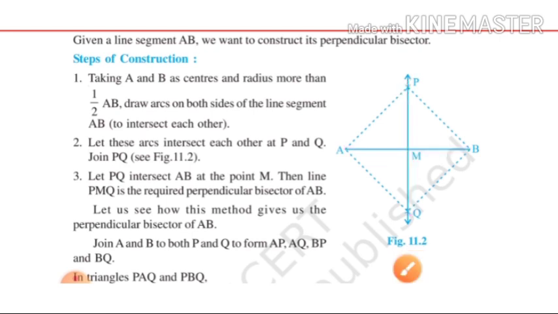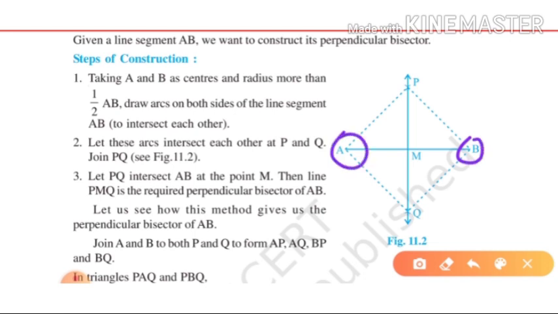For this, at first we take a compass, take the center at the extreme points, and take a radius more than half of this line AB.